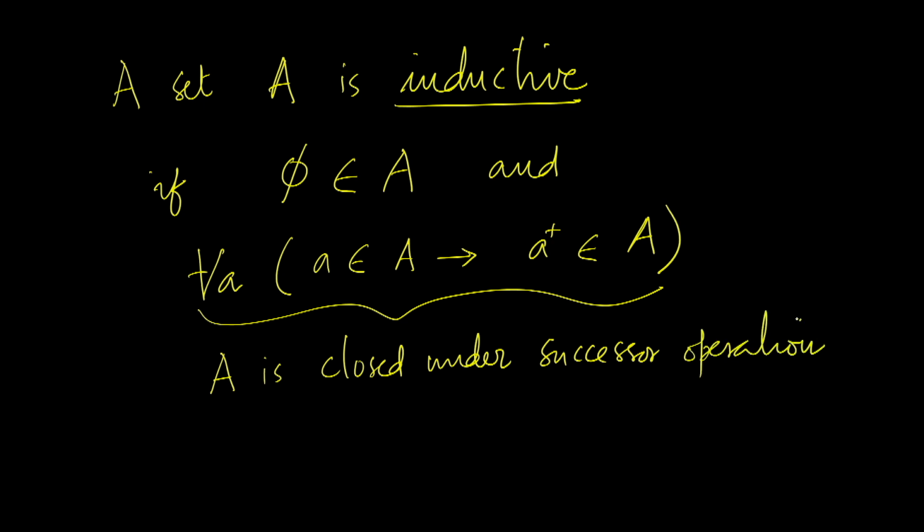So for a set A to be inductive, it should contain the empty set, and for any set belonging to A, it should also contain the successor of that set. That is, the set should be closed under the successor operator. That is when we say that the set is inductive.